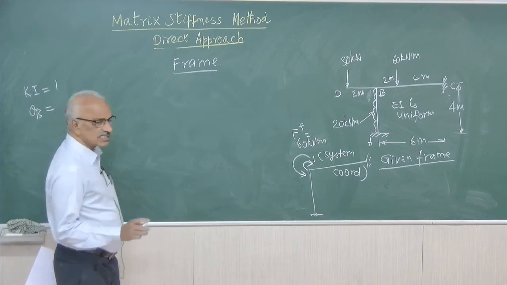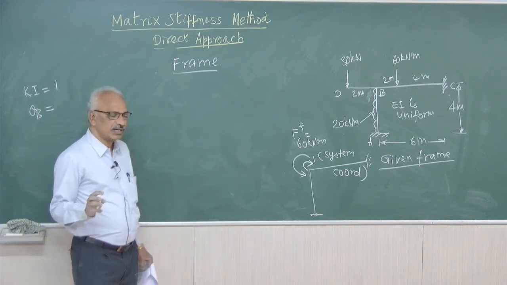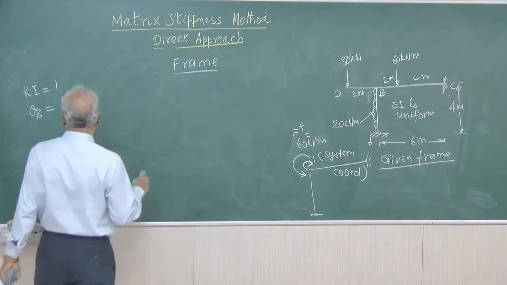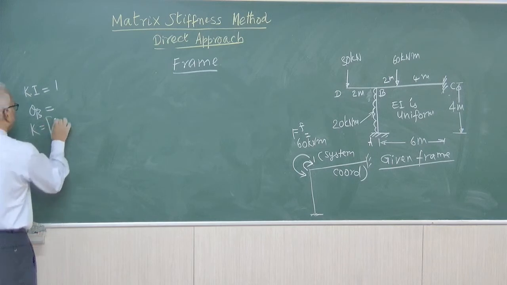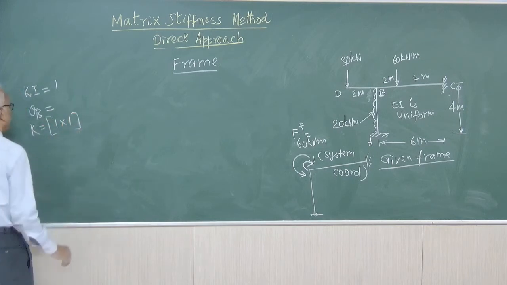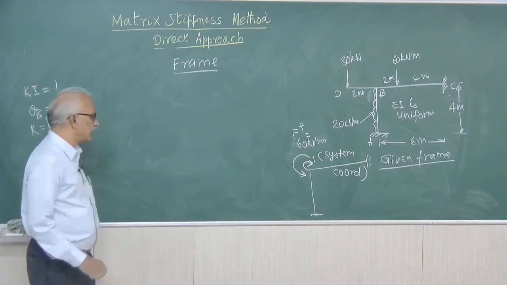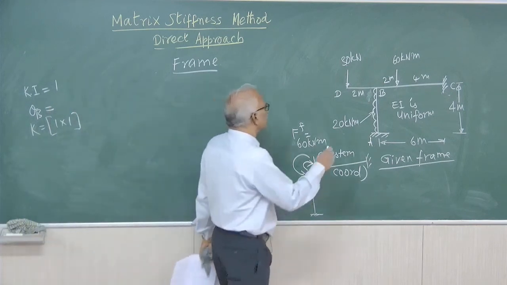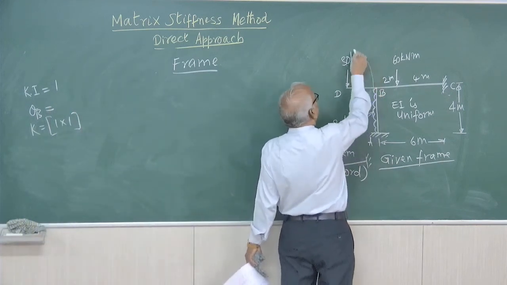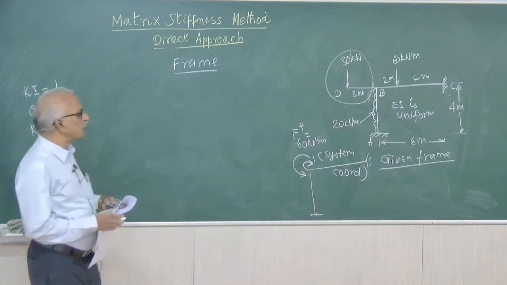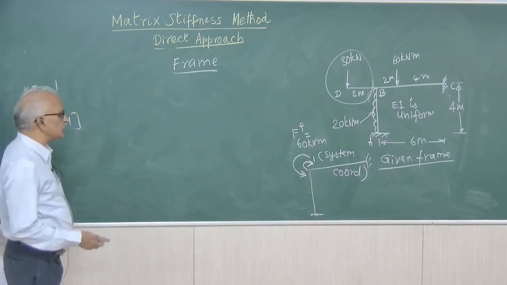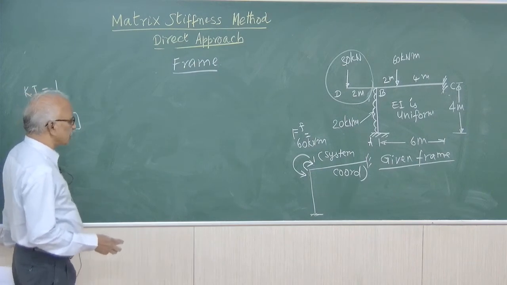here also, since theta b is the only possible displacement, the stiffness matrix K will be 1 by 1. Theta b is the only possible displacement. External force we are considering as an equivalent moment at B, that is considered as the force applied at the system coordinate, which is equal to minus 60 kilonewton meter.